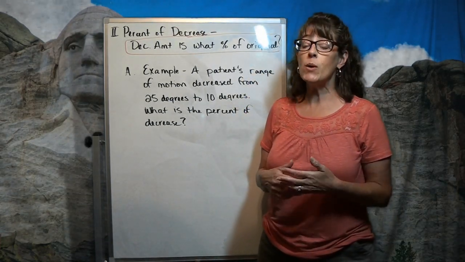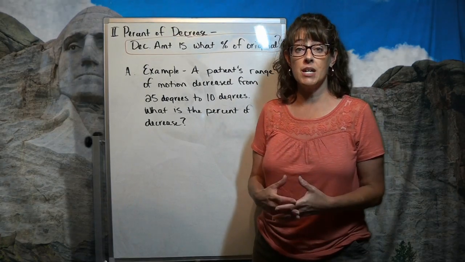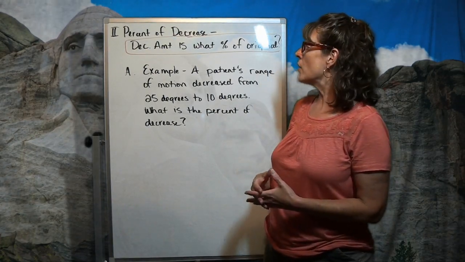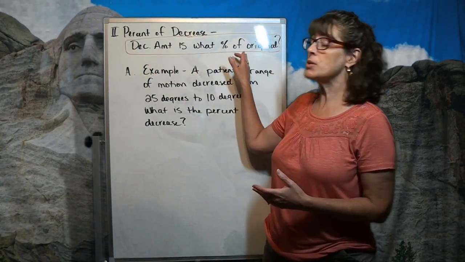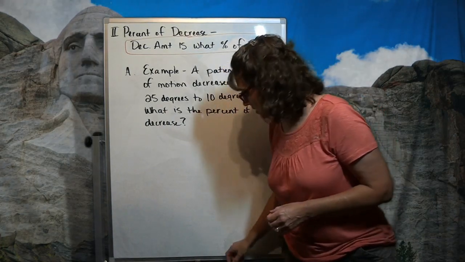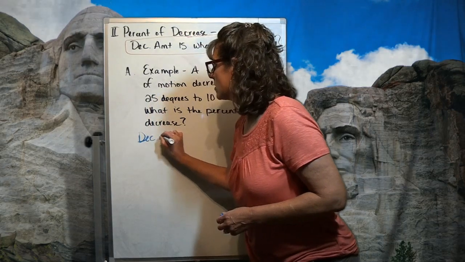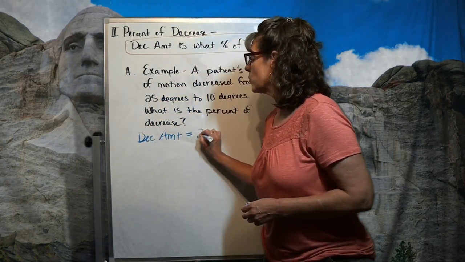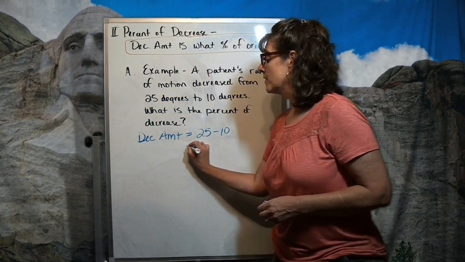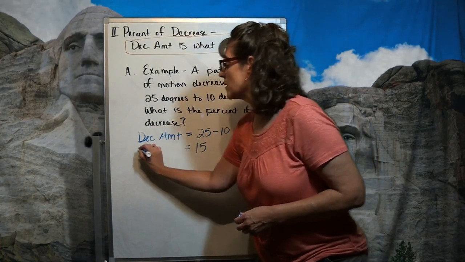Well, remember, the big question here is, I'm looking for the percentage. So I need to know that decrease amount is what percent of the original. The decrease amount, we went from 25 to 10. That's a decrease of 15.